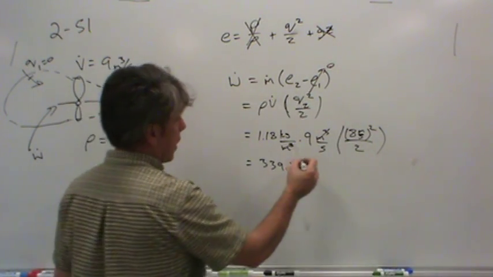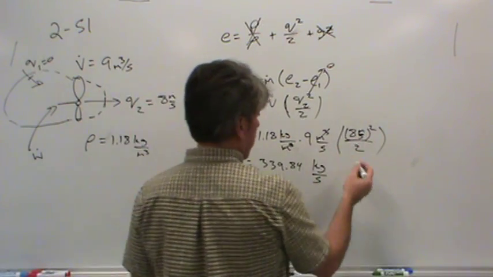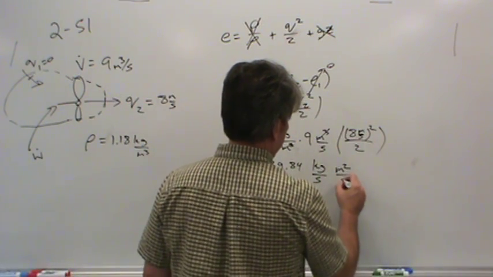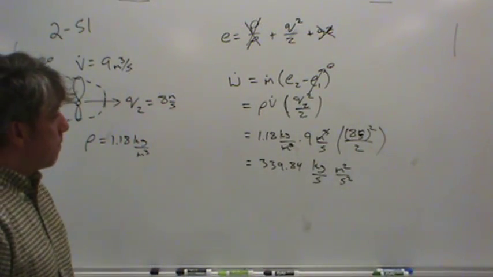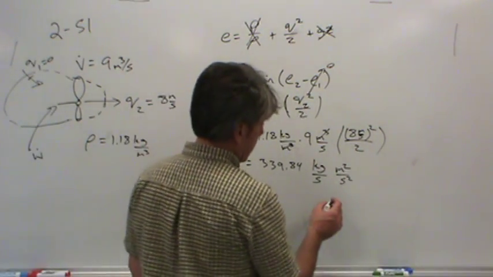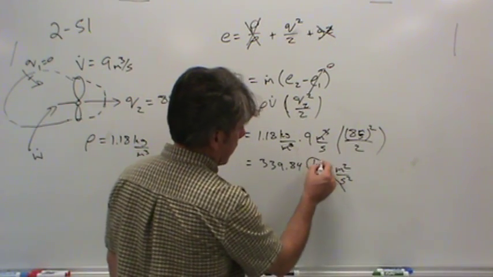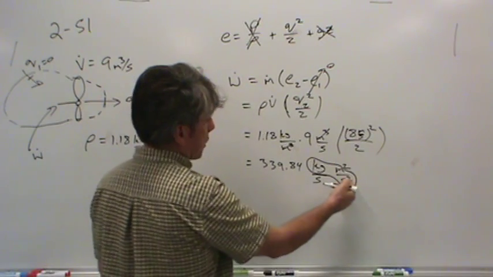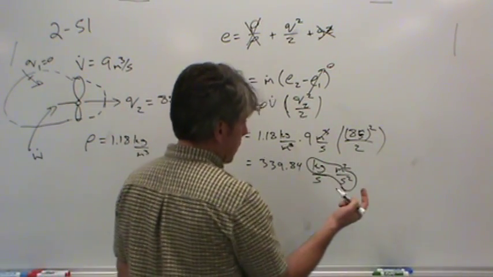Well, let's see. We've got kilograms per second multiplied by meters squared per second squared. Now, you'll get used to seeing this, but let me pull some things out. Kilogram meter per second squared. Notice I've excluded one of the meters. A kilogram meter per second squared is just a newton.